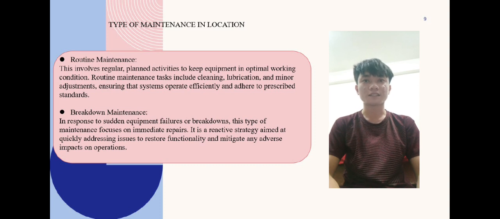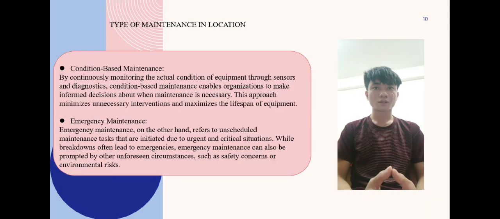Then breakdown maintenance. In response to sudden equipment failure or breakdowns, this type of maintenance focuses on immediate repairs. It is a reactive strategy aimed at quickly addressing issues to restore functionality and mitigate any adverse impact on operation.